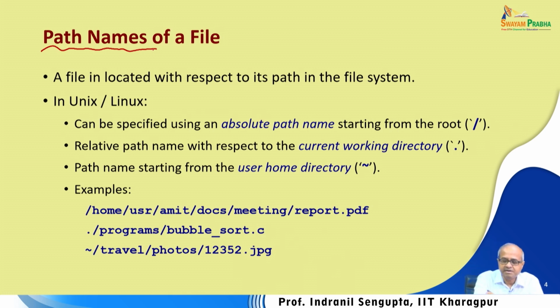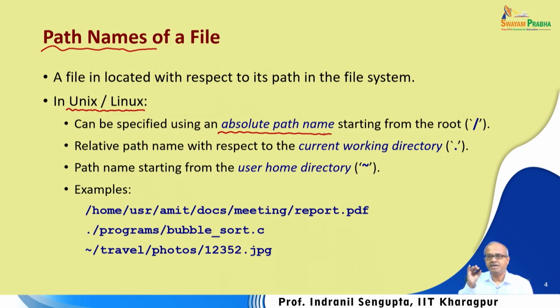Now, let us talk about the convention that is followed in Unix and Linux. In other operating systems like Windows, it is very similar, a slight difference is there. Now, in Unix or Linux, whenever you specify the path name of a file, there are 3 ways you can specify. One is you can specify the absolute path name.